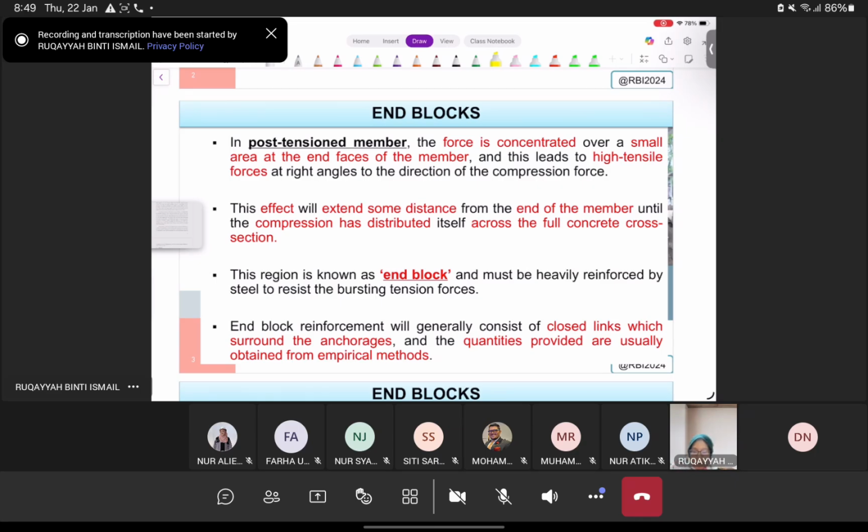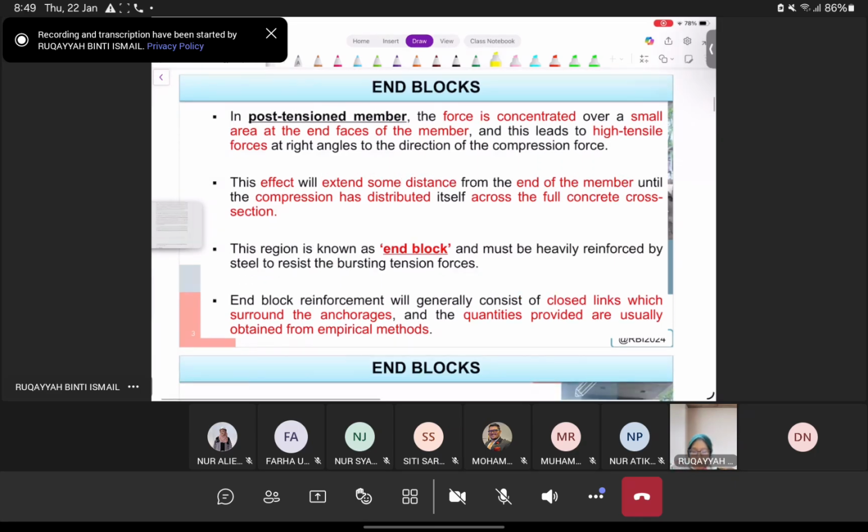This effect extends from the end of the member, which we call the transmission length, until the compression has distributed itself across the full concrete cross-section. The most critical part is near the force when you pull the tendon, but as the stresses are gradually distributed, it becomes lower. So this region is known as the end block, and must be heavily reinforced by steel to resist the bursting tension forces.